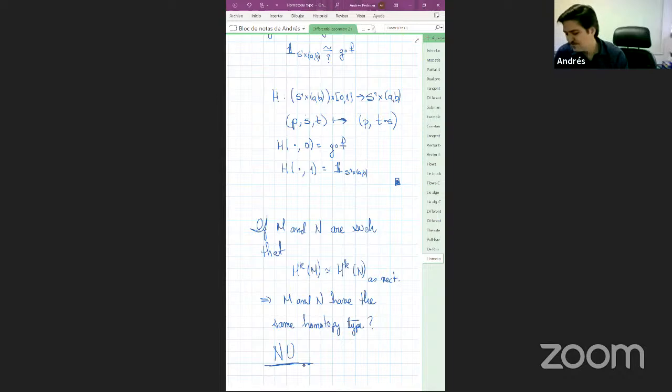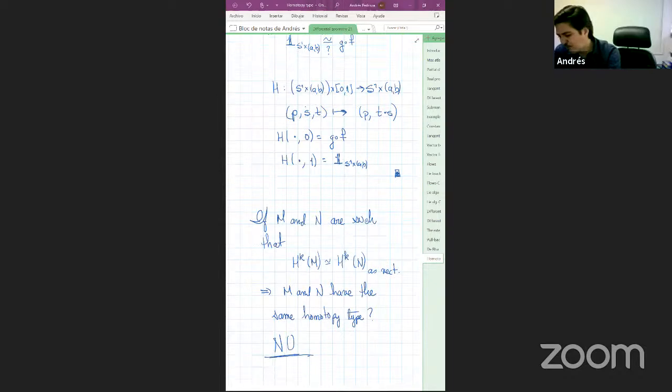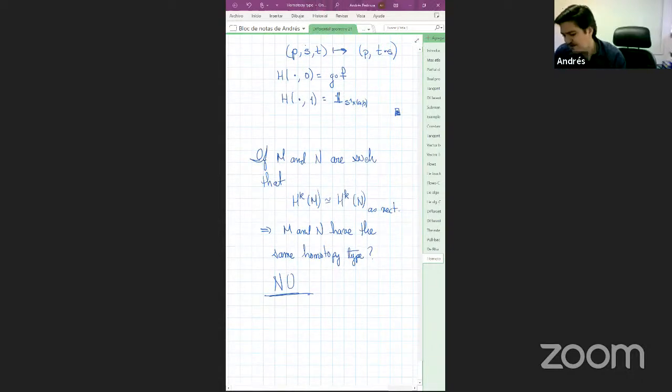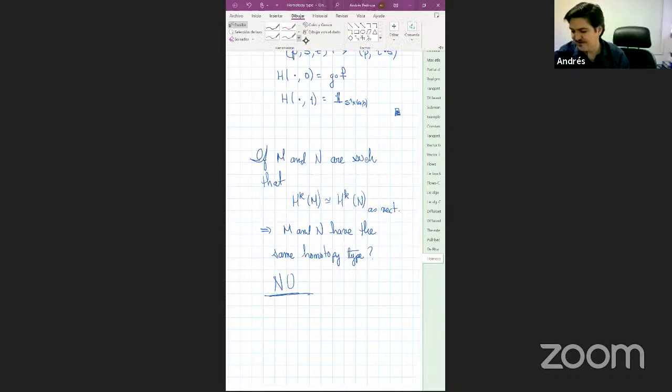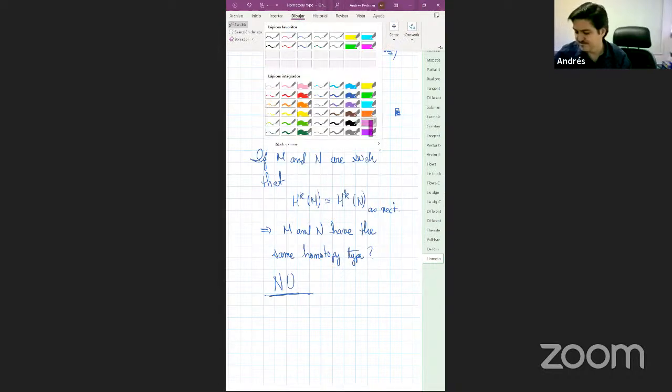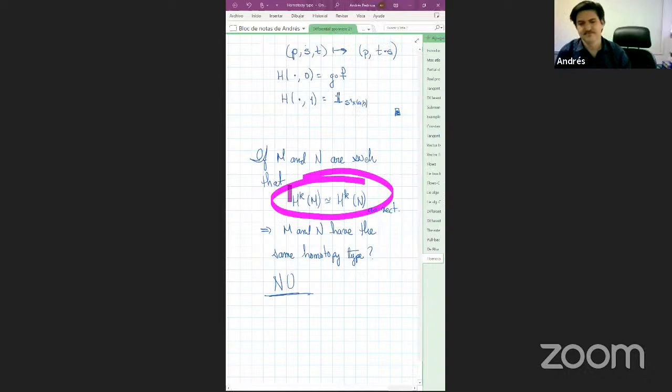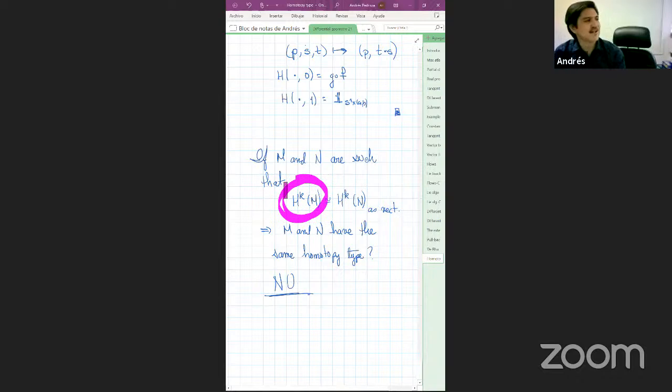For which spaces do we know cohomology so far?